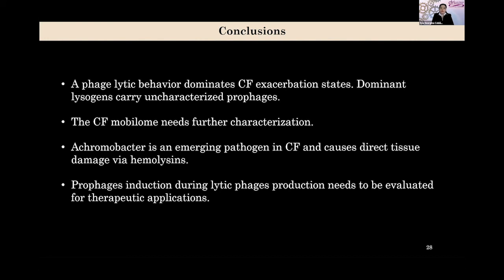We think it is relevant to further characterize all these mobile elements in the CF lung. And unfortunately, Achromobacter is an emerging pathogen. We think it's causing direct tissue damage via hemolysins. And the prophage induction during the production of phages that we want to apply as therapeutics needs to be evaluated every time that we want to do a therapeutic application.